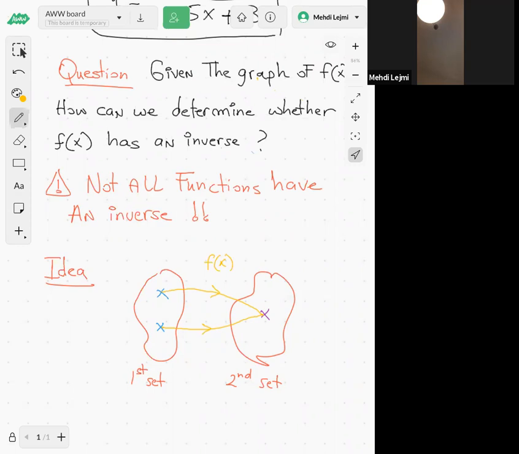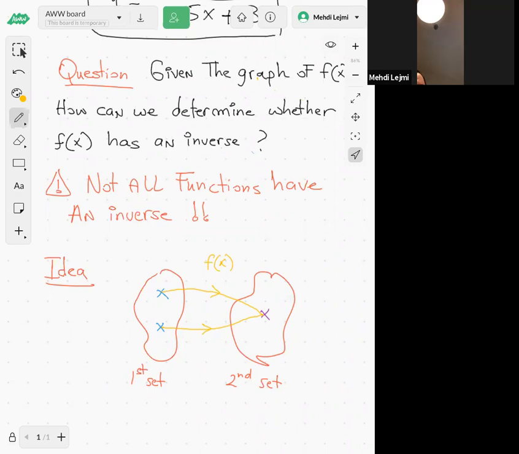Now, this is a function f, and I want to find, let's say, the inverse of the function f. So how do we find the inverse? Well, as I said, the idea behind the inverse function is that we want to switch the output with the input, right? So in other words, you want to reverse the arrows.